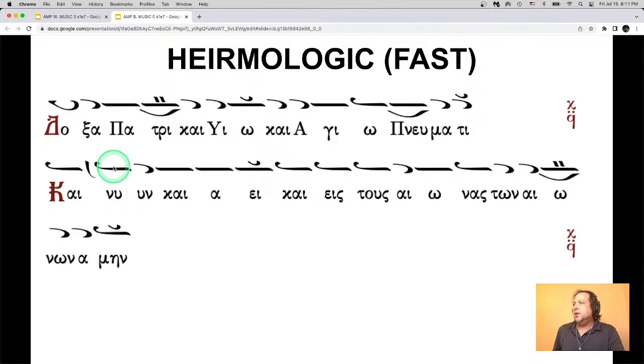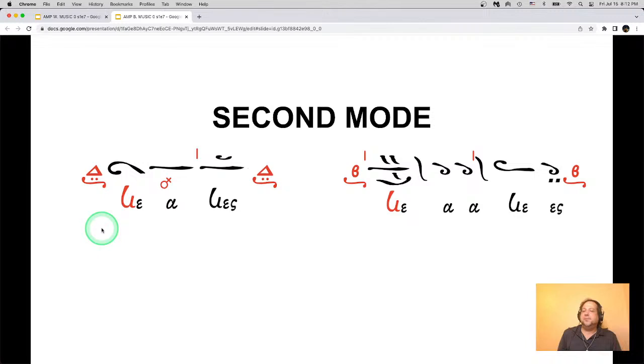Kenin kei keistus onos toneononamin. Now notice, I'm stopping on these klasmas. Kenin kei, 2 beats. Da da da da da 2 1 and 1 2. Kenin kei.